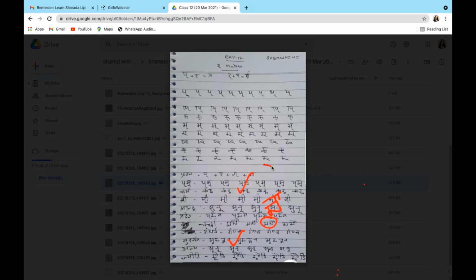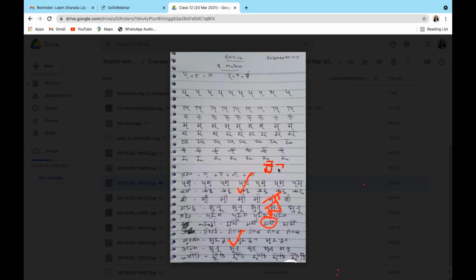So, for example, if this is the first ch that you're writing, this is the ch that you've written here in case of charcha. The second letter, even though you're joining r here, the top of the letter will be at the same height as the first letter.